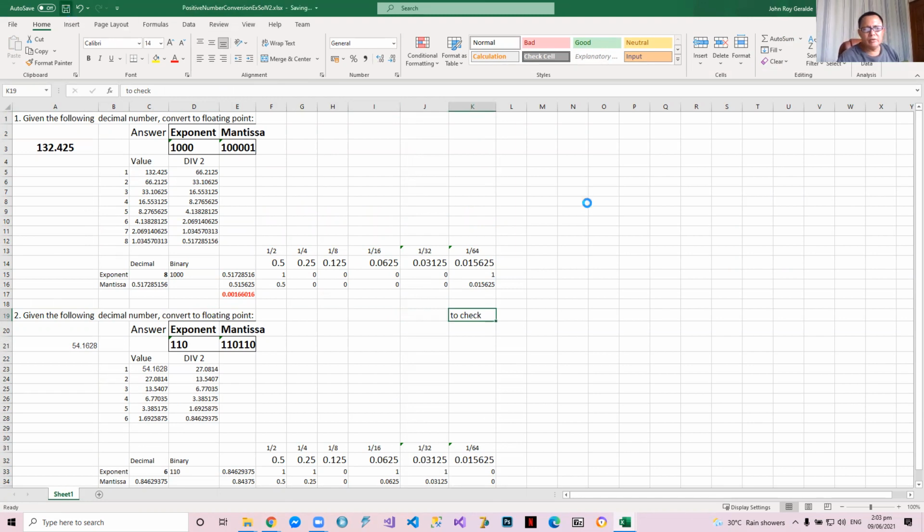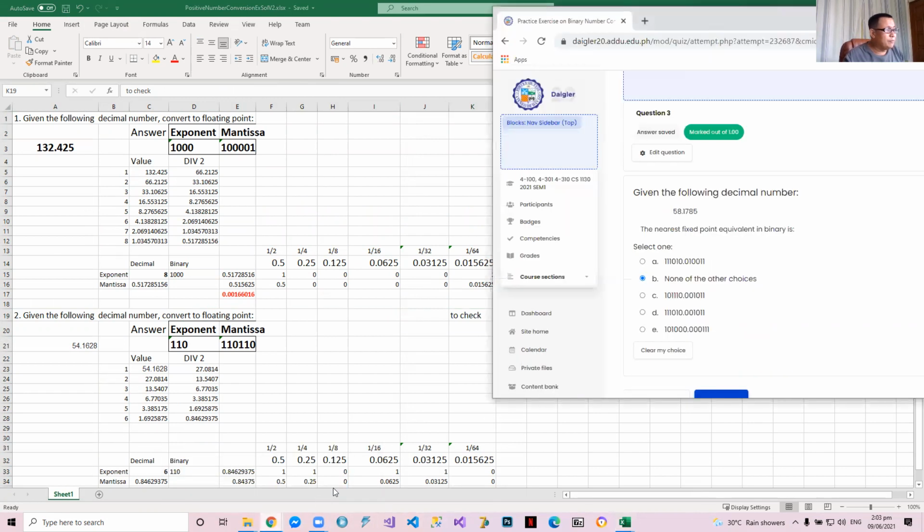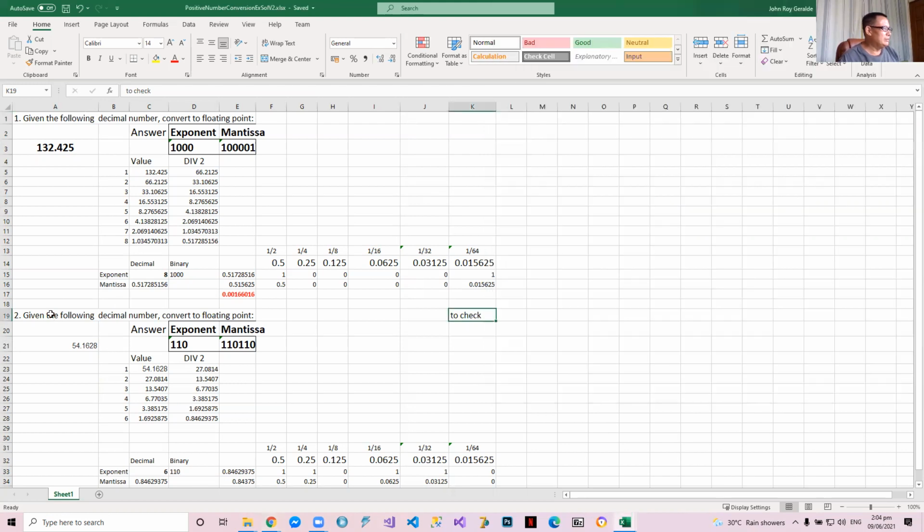Okay, any questions so far? Because this time we cannot use this solution fully, but we can use it partially, no? Because 58.1785 is going to be converted into fixed point this time, no? So fixed point, not floating point. So this is easier, okay? This is easier.